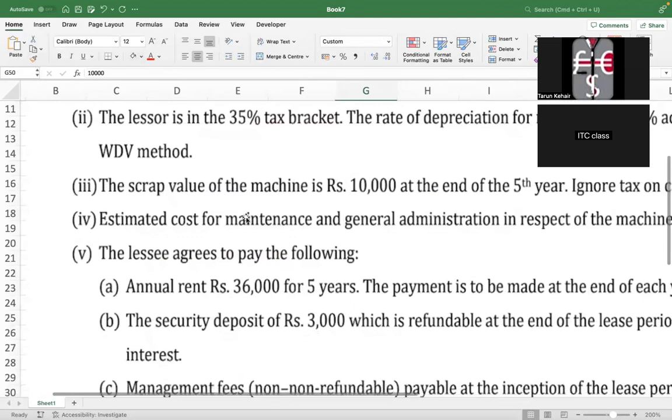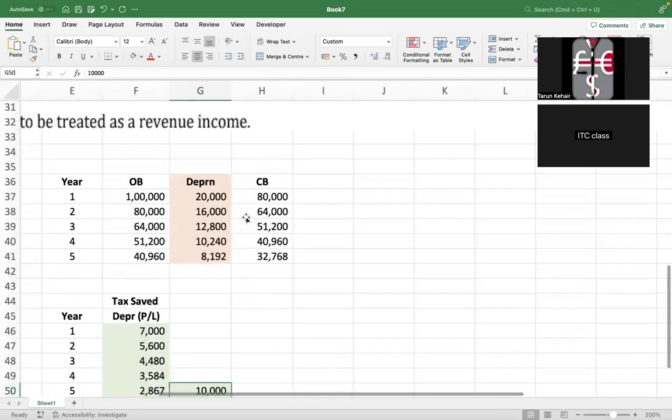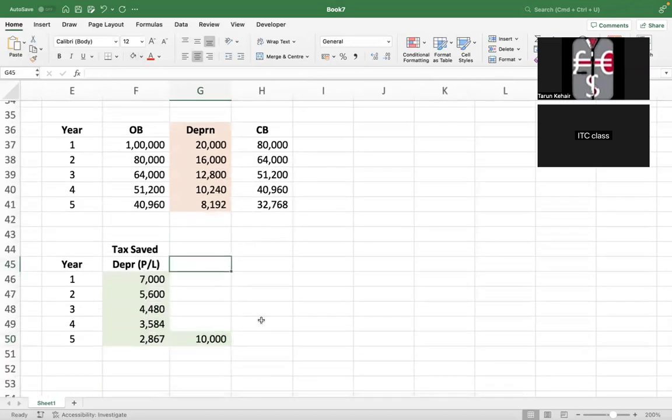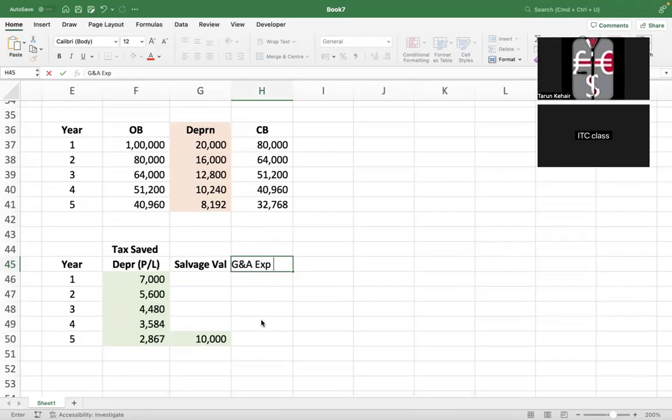After that, the estimated cost is 1,000. Then you come to the G&A expense. Obviously, this will be net of taxes.